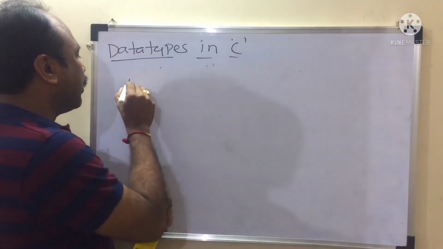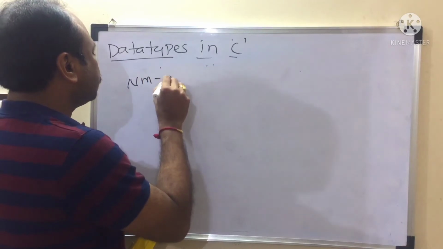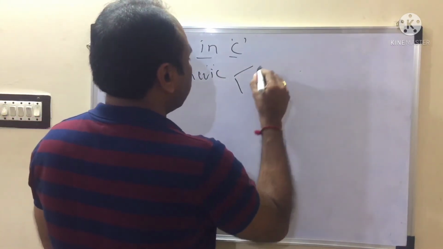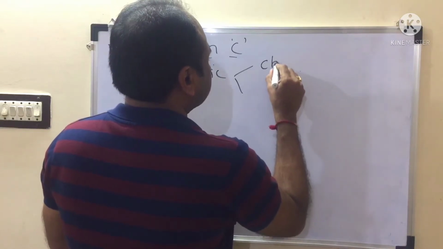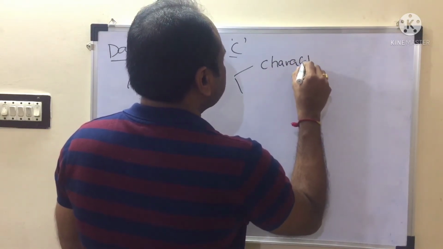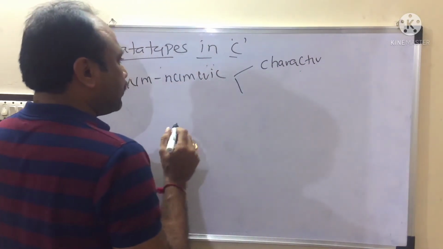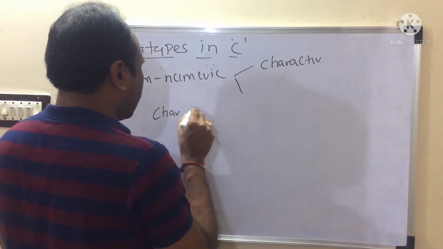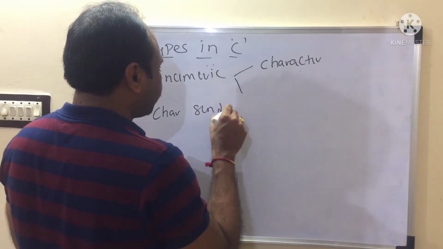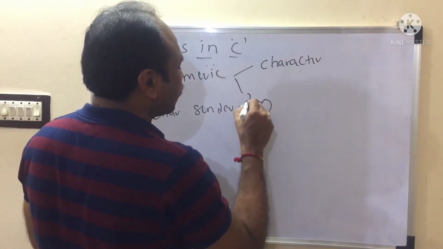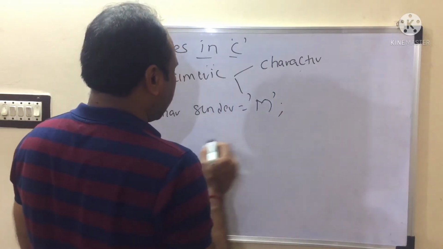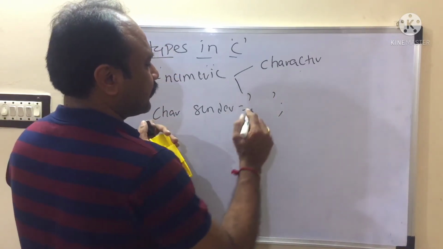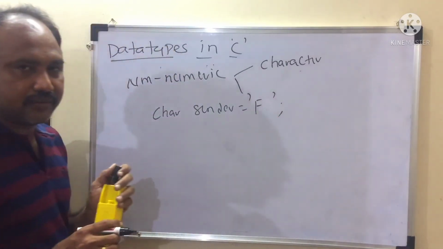Next, coming to non-numeric. In non-numeric, we are having what? Characters. Okay. Character means alphabets. Suppose I have to work with gender. Char gender equal to 'M'. It will accept only a single character. Male. Or if you want to give female, use 'F'. This is a character constant.